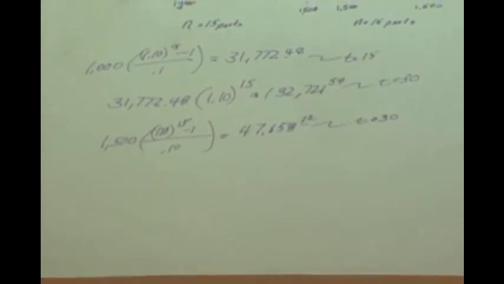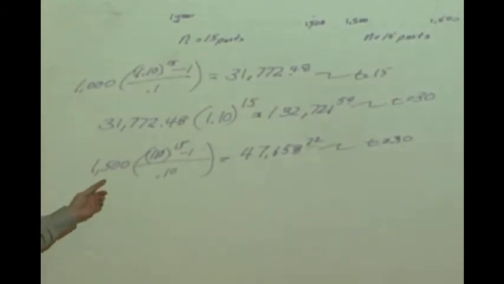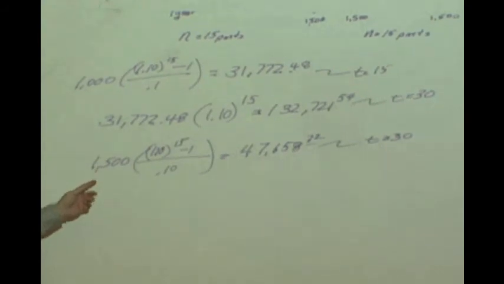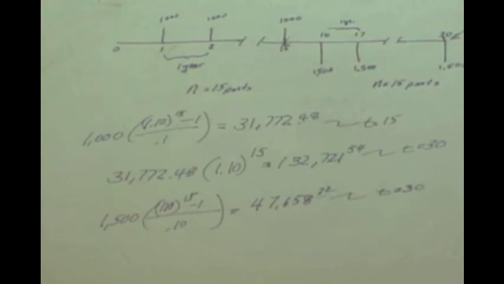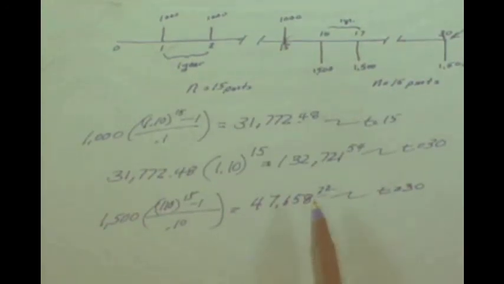I'm sorry. The future value of the $1,500 payments or withdrawals is $47,658. Notice they're both at the same point in time.